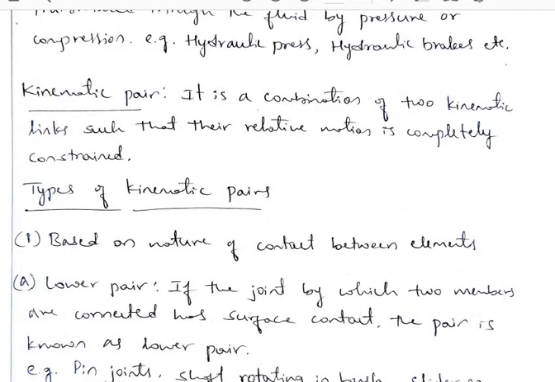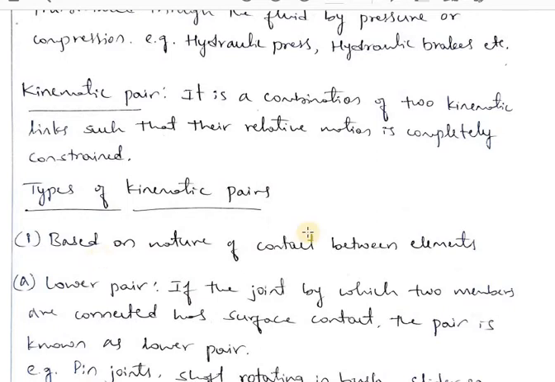Constrained means it is fixed in some direction or its motion is restricted, such a motion we call a constrained motion.